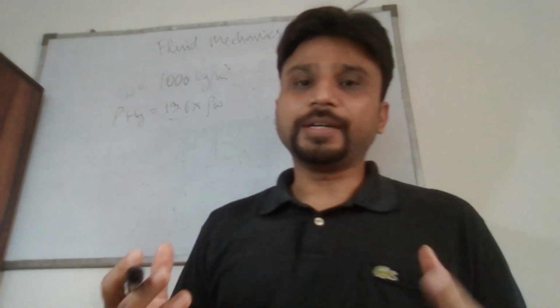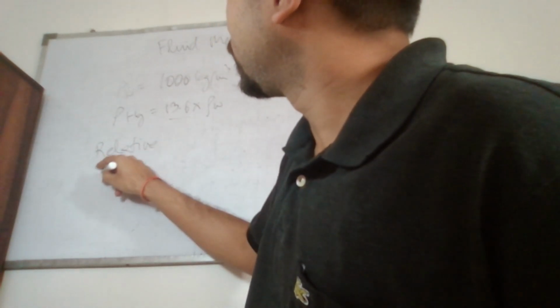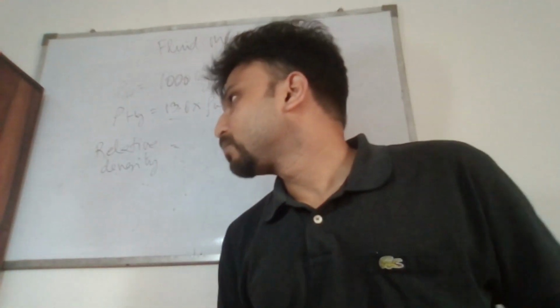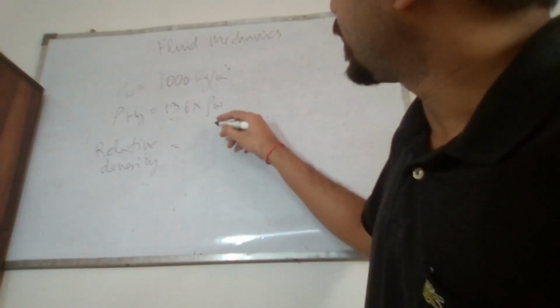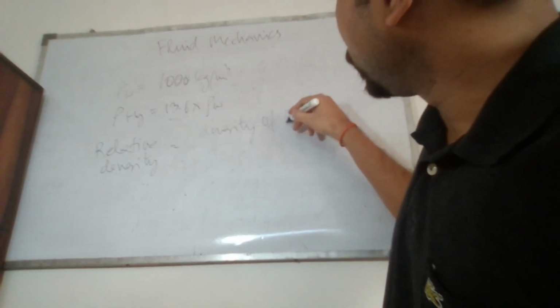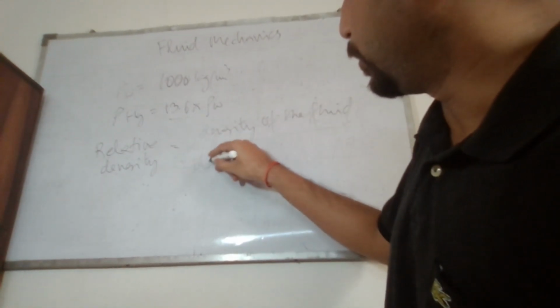So with that, we define the term called relative density. Relative density is defined as density of the fluid divided by density of water at triple point.